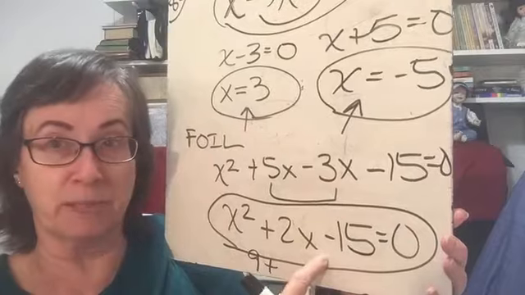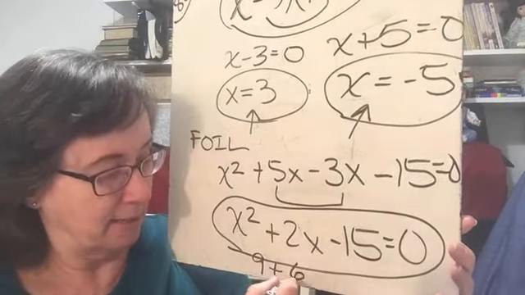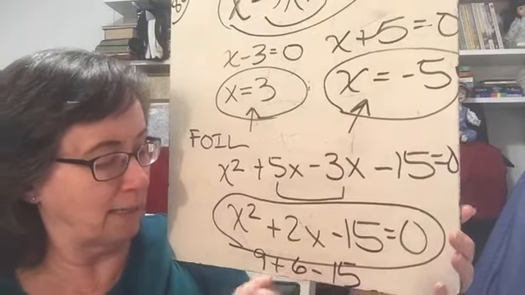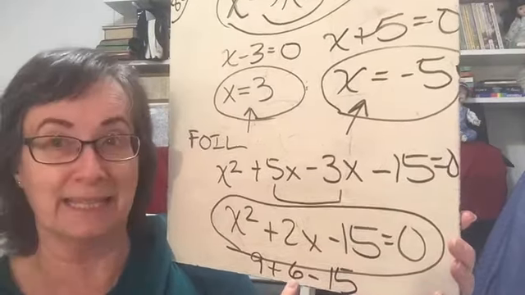Plus 2 times 3 is 6. Minus 15. So what is 9 plus 6? 15 minus 15 is 0, isn't it? So, yes, 3 is a solution of this equation, which is the same equation as that equation factored.